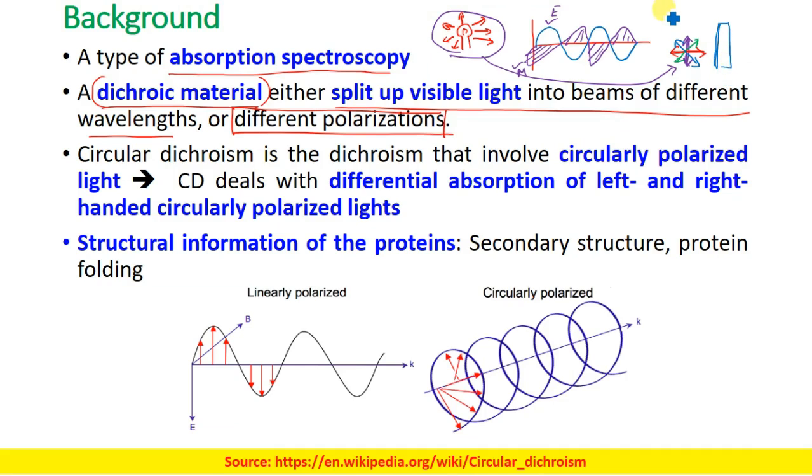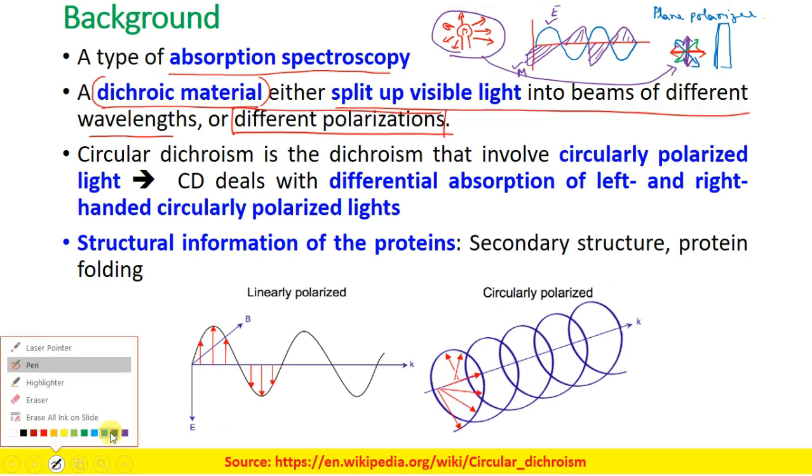Okay, now when you pass this radiation through a plane polarizer, then what happens? Only the field in one direction passes.